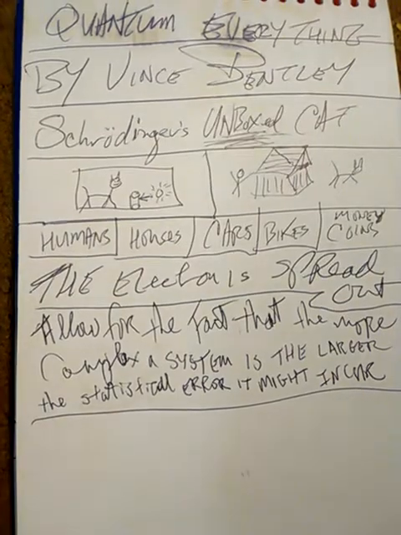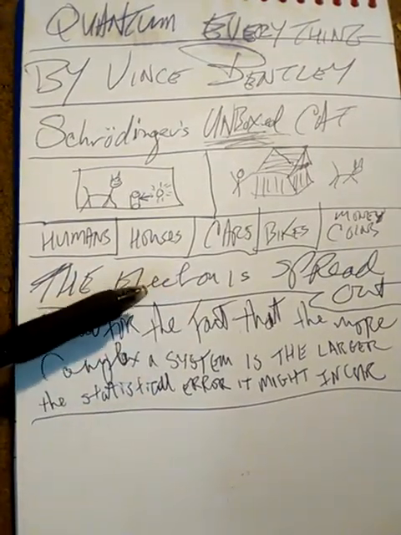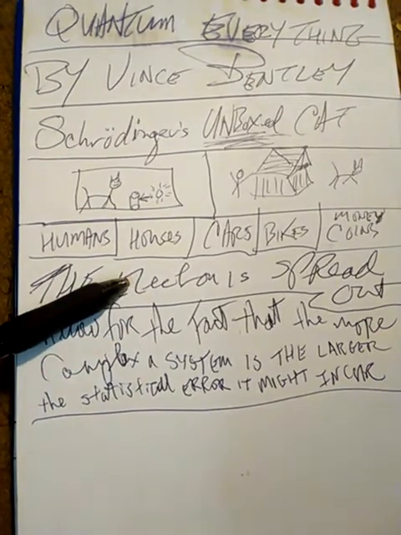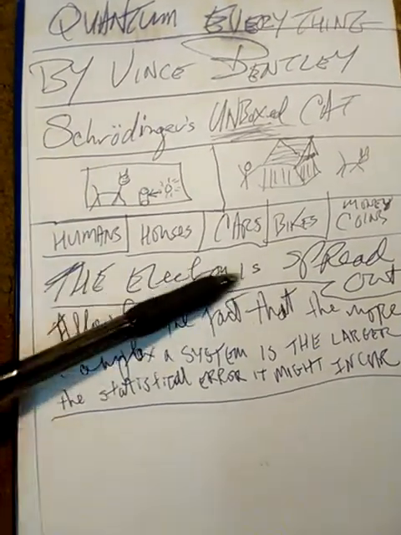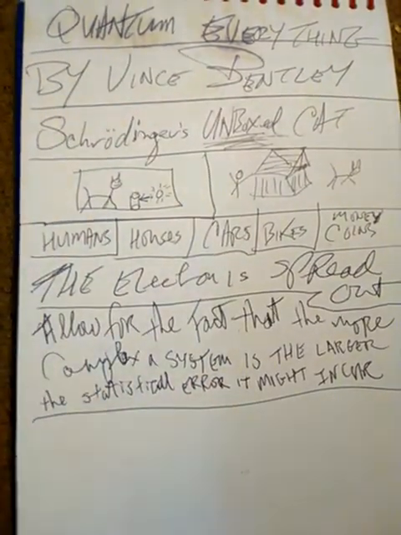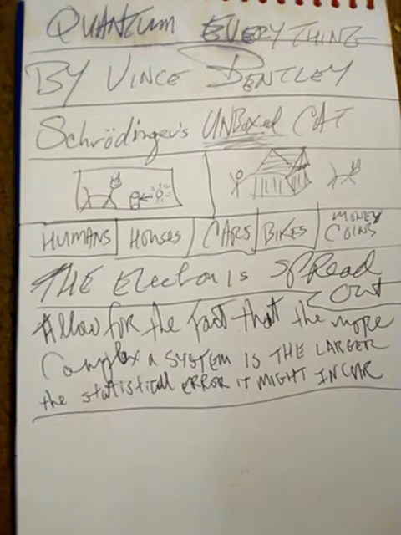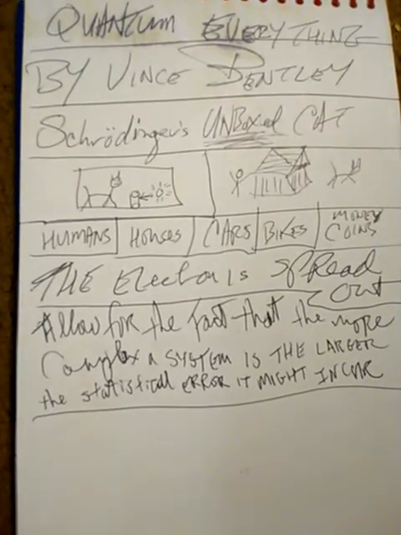Then we have the other side of the coin, which quantum mechanics states as the opposite: that the electron is not one single thing. The electron is spread out in its location. It's not definite. There's the Heisenberg uncertainty principle.